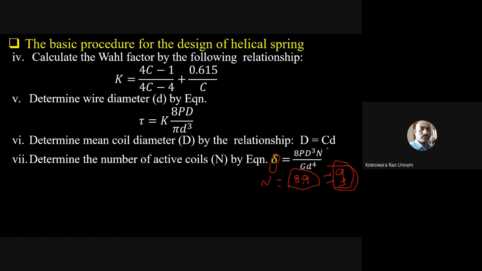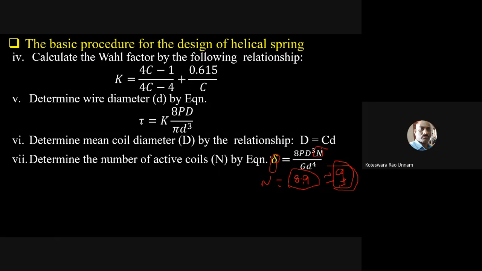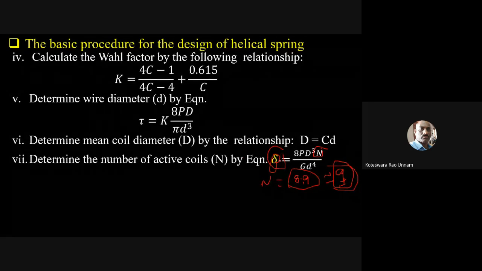It is going to change, because if I substitute n equal to 8.9, I get the delta value I originally took. But instead of 8.9, I am taking n equal to 9, so this delta is going to change slightly. There is no large deviation, but it varies slightly.